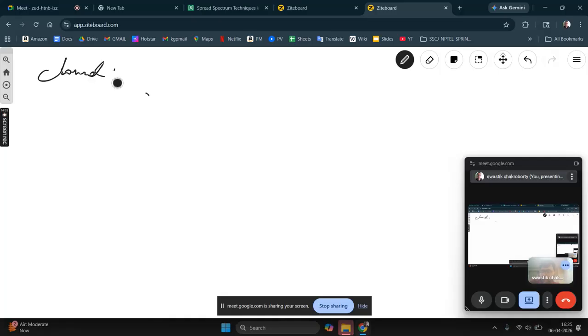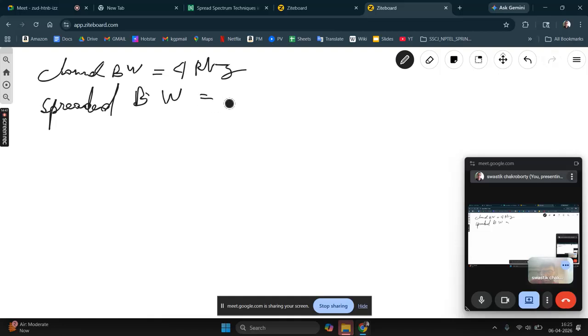The channel bandwidth is 4 kilohertz and the spreaded bandwidth is 100 kilohertz.